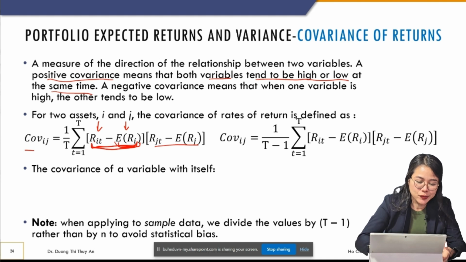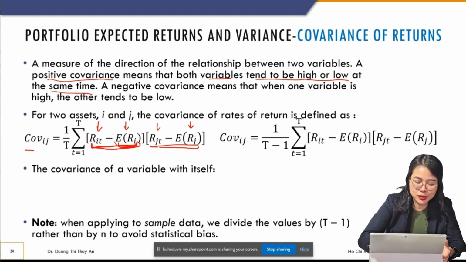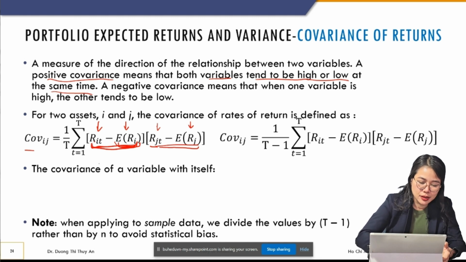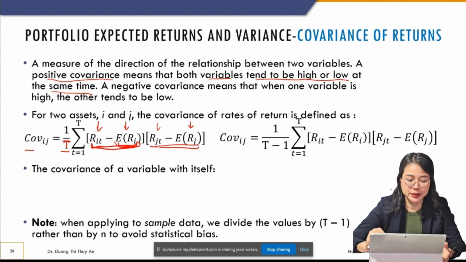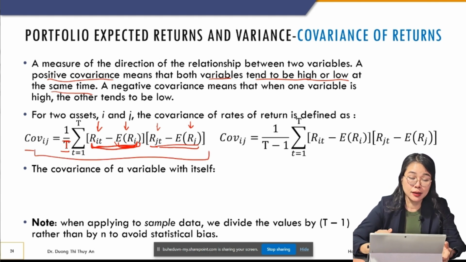And we multiply by the same for stock J, the deviation of the return of stock J from its average value. Then we do it for each period, sum it, and divide by T, the number of periods. This one is for the population, tổng thể các bạn.